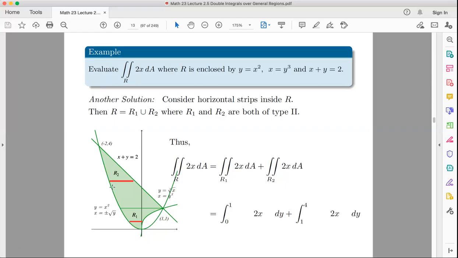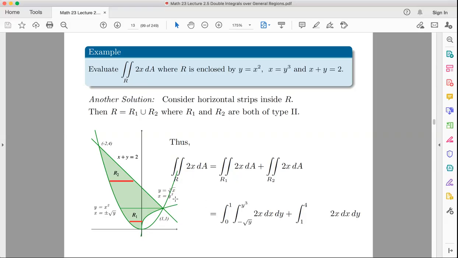Since this is in the second quadrant, x is negative there. So we take the negative square root. So x is negative square root of y as the lower limit. And the upper limit is x equals y cubed. Okay, so we get negative square root of y up to y cubed.